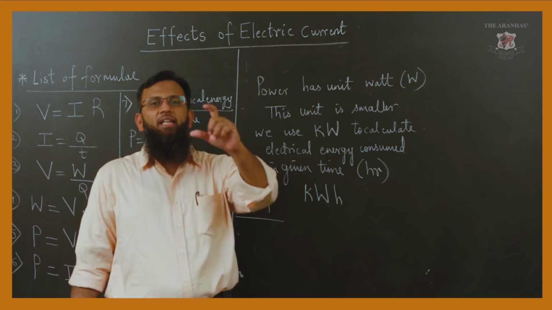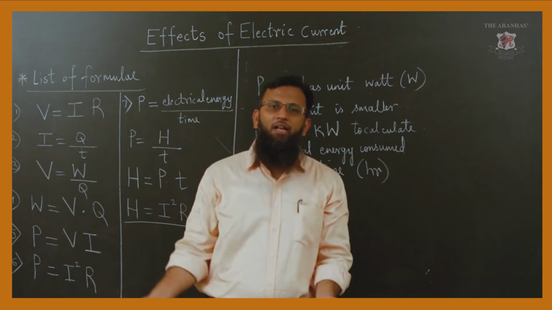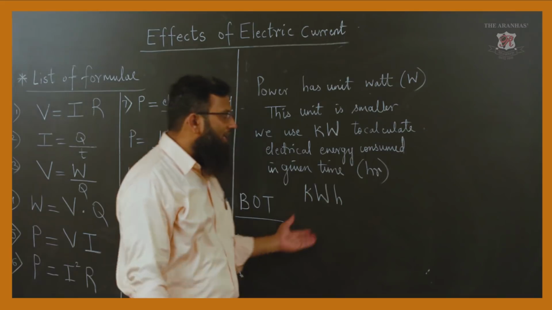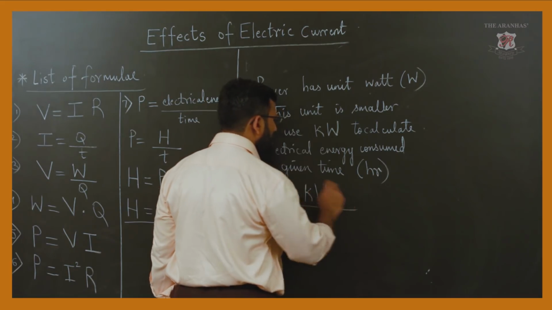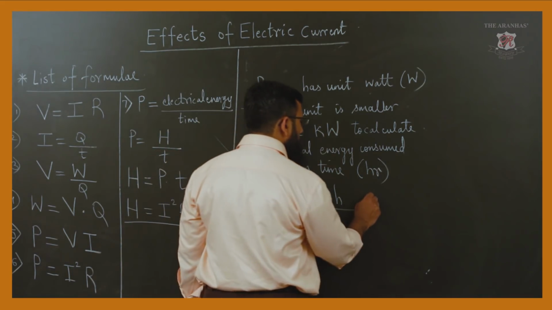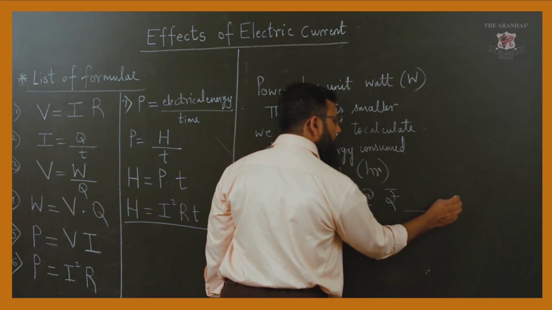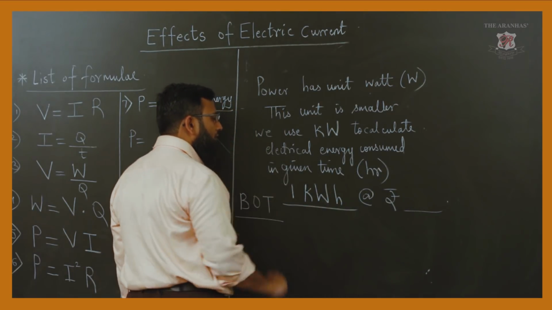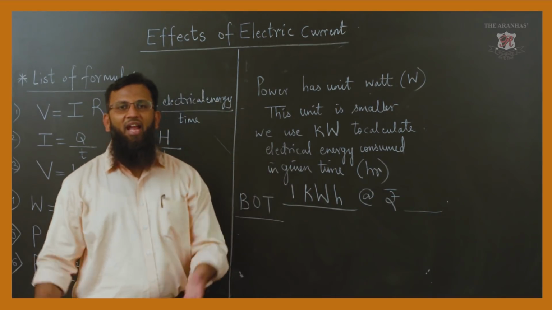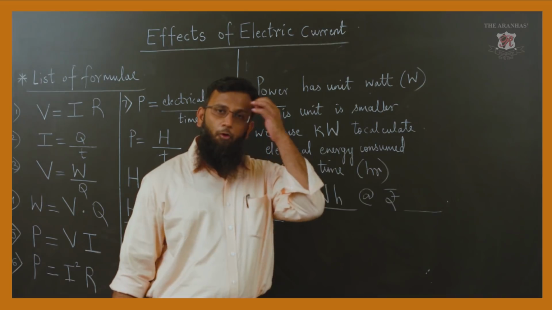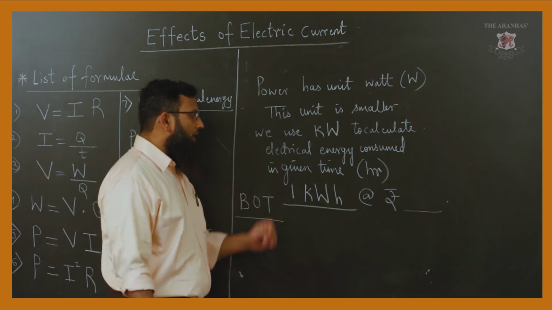So, every single quantity has some rates, and from the single quantity rate one can calculate the cost of the entire thing purchased. Similarly, we will be having the information of 1 kilowatt hour at the rate of certain rupees. So, whatever kilowatt hour will be consumed, you just multiply with the rate and you will get the cost of that electricity bill for whatever time duration it was used. So, this is the way to calculate the electricity bill.